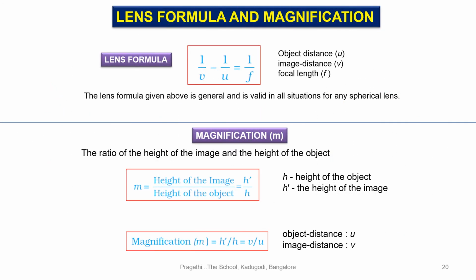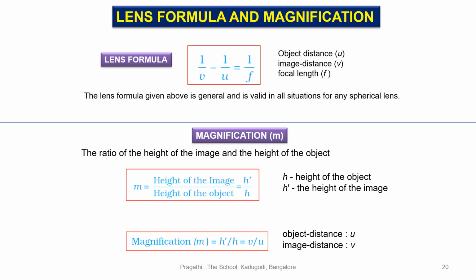Coming to the lens formula, already we have seen the mirror formula and the magnification in reflection. In refraction, we are seeing the lens formula and magnification. Why? Because we are studying about lens. So lens formula, what is this? 1 by v minus 1 by u is equal to 1 by f.